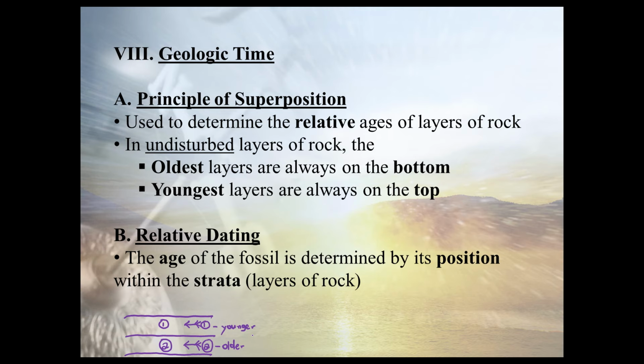So I could just simply state that fossil 1 is younger than fossil 2. It doesn't tell me the exact age of them, but I have at least a relative comparison in terms of the age.